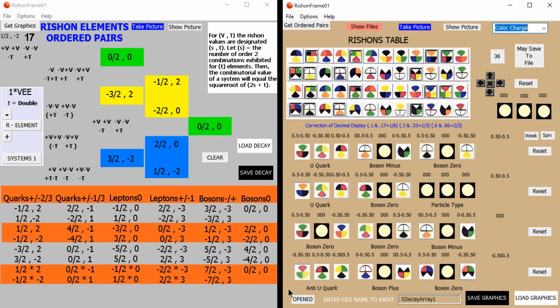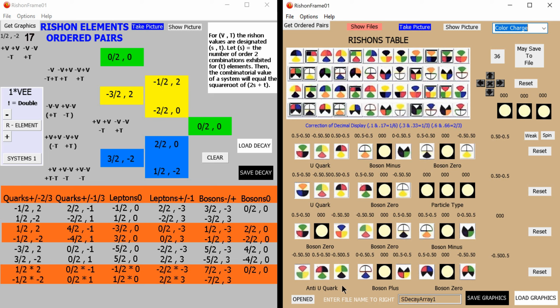And the color of the antiparticle, of course, would be the opposite of red, which would be, in this case, green, as we can see, having the yellow and anti-yellow here, leaving green, and having the color charges on the boson plus and the boson 0 particle pair cancel one another out.